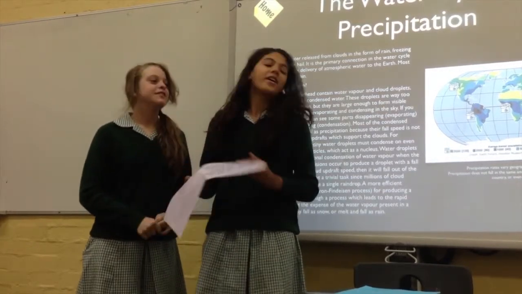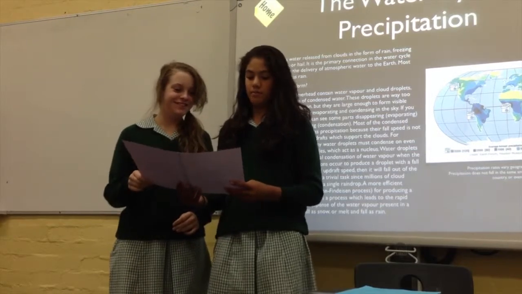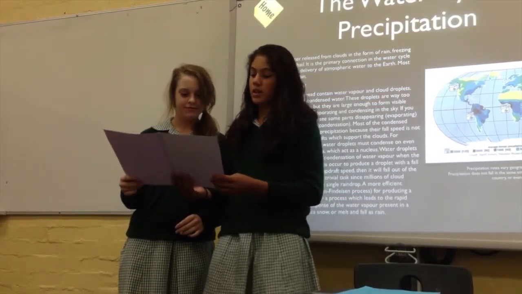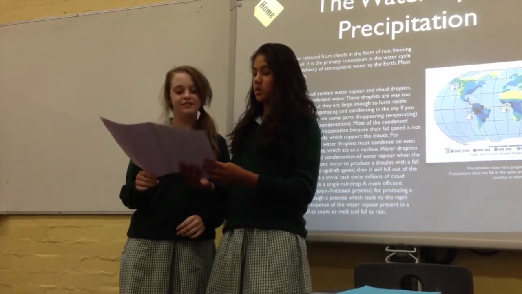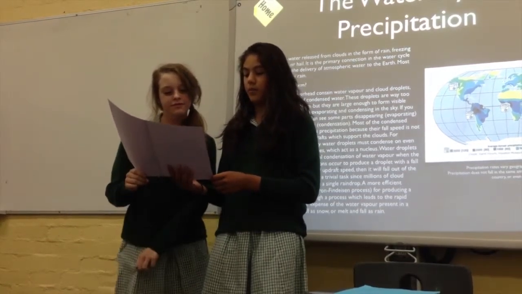Okay, we're doing precipitation, and precipitation is basically the water that falls from the clouds. So another word for it is rain. The main forms of precipitation include drizzle, rain, sleet, snow and hail.